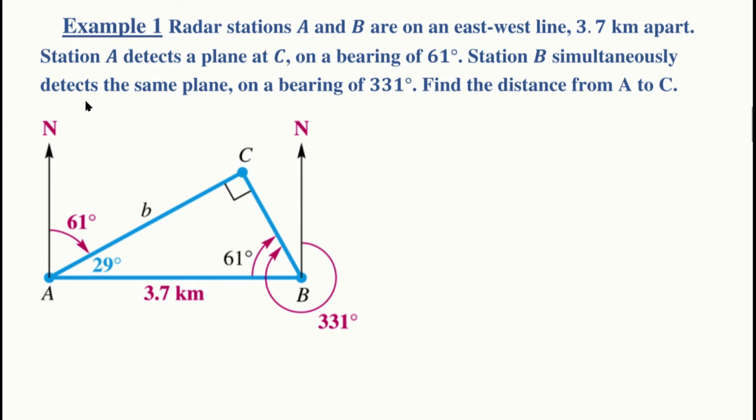Station B simultaneously detects the same plane on a bearing of 331 degrees. So at B, you draw a north ray, and from there, you measure 331 degrees clockwise. And now, that forms the picture.